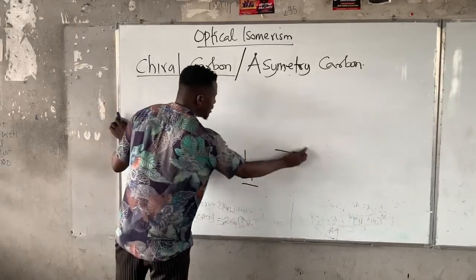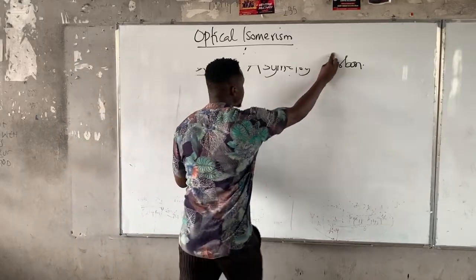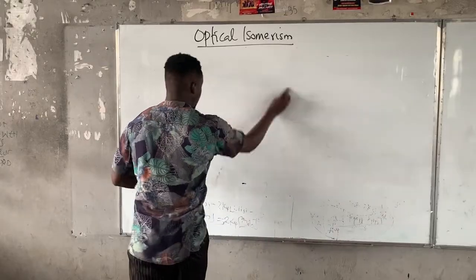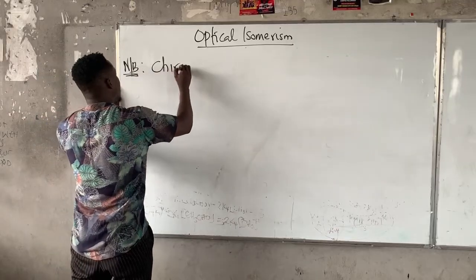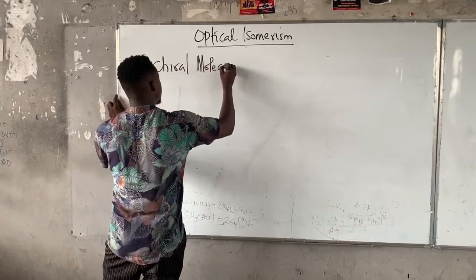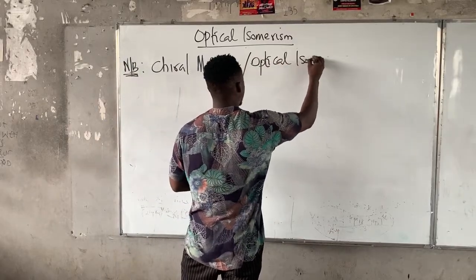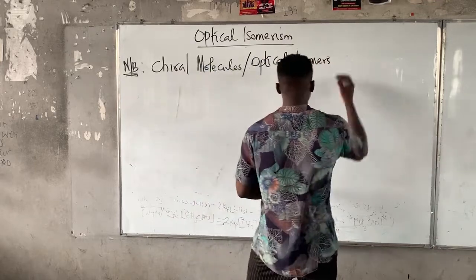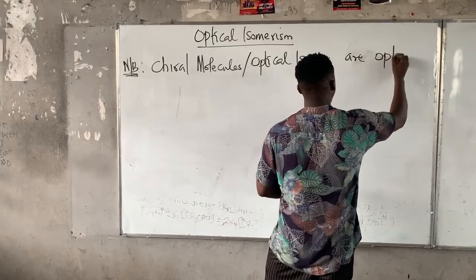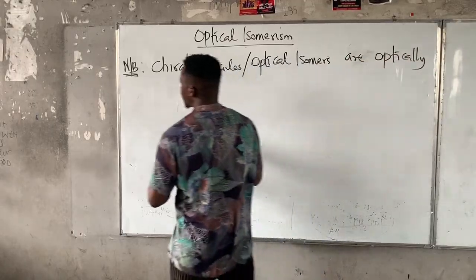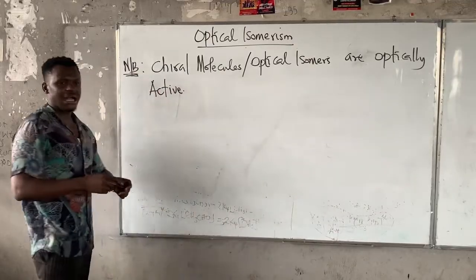Now, let's look at another point. Please note: chiral molecules or optical isomers are optically active.